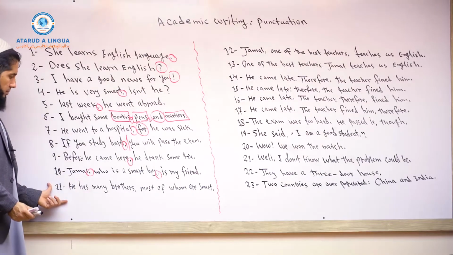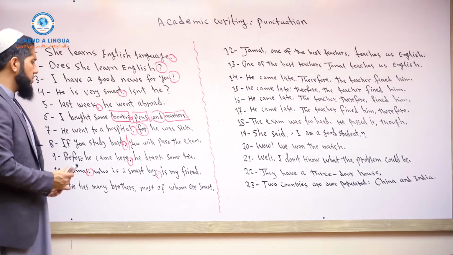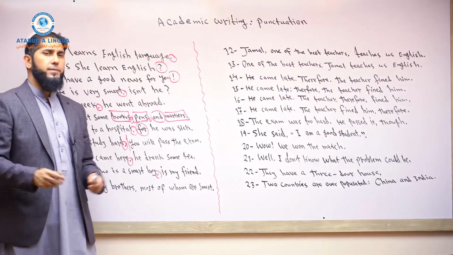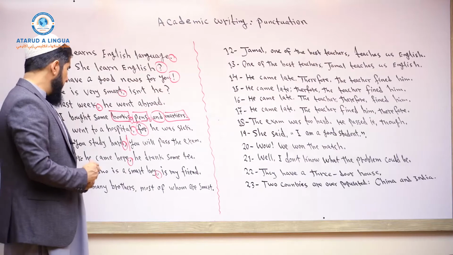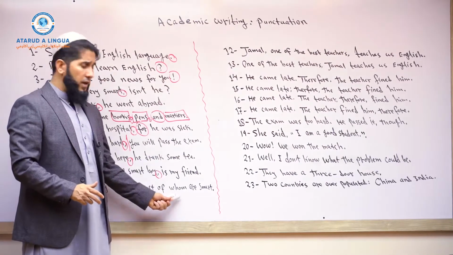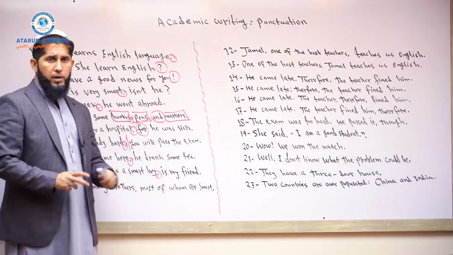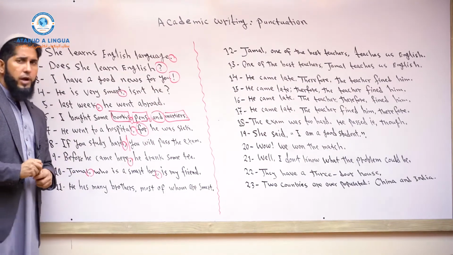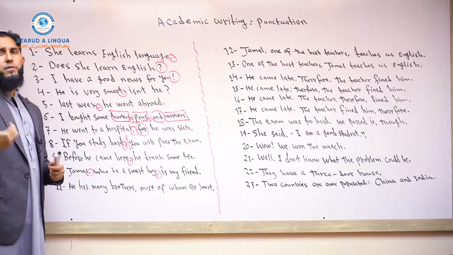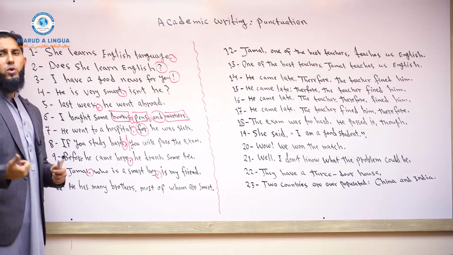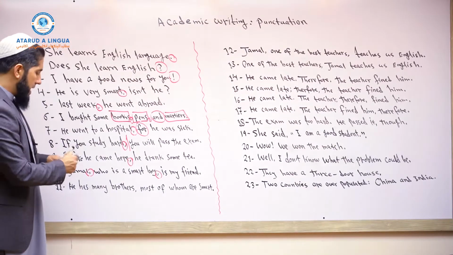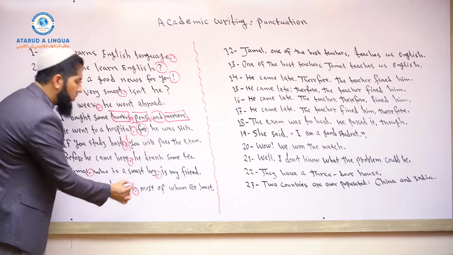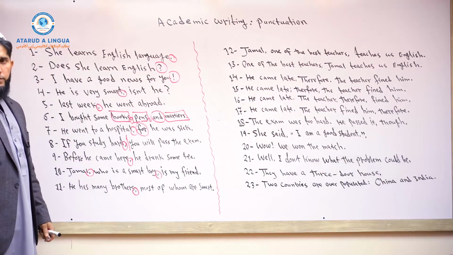Number 11, he has many brothers, most of whom are smart. Again, it is a complex sentence, and we have used an adjective clause, most of whom are smart. And when we use adjectives of quantity, most of, some of, a lot of, many of, a few of, much of, a little of, okay, we need a comma before using the adjective clause.